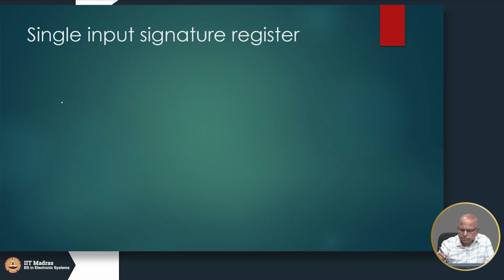Signature register. Single input signature register. We are applying clocks, and this is the input from the circuit under test. We are applying clocks to this guy also.